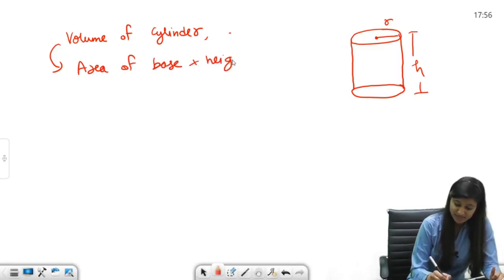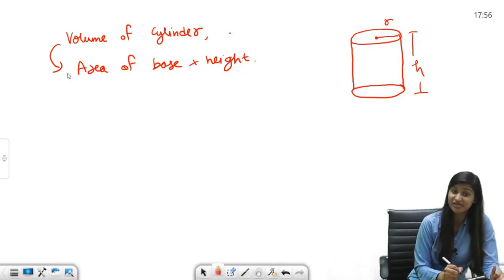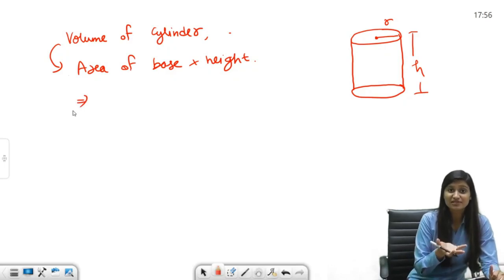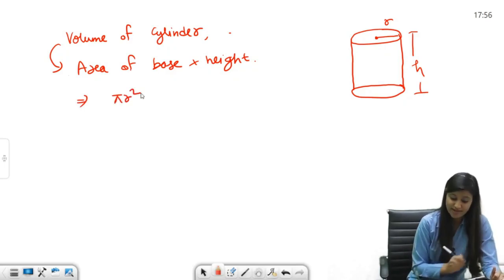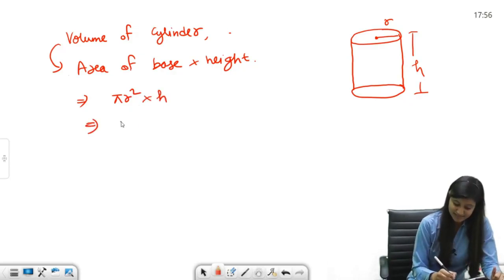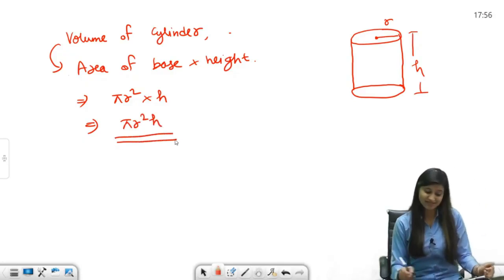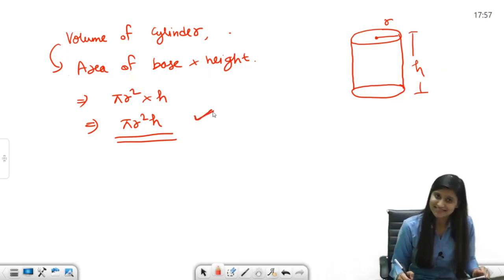Volume can be calculated by using this general formula only. The area of base is the area of the circular base in this case. So that would be pi r square into height. So what is the final result? It is pi r square h. That's it. Right? This is your final result for the volume of a cylinder.